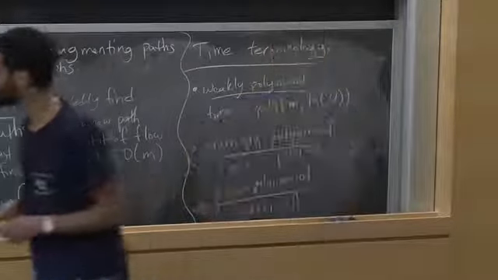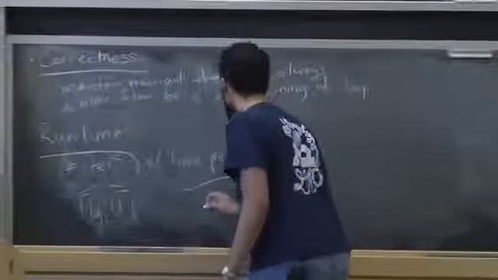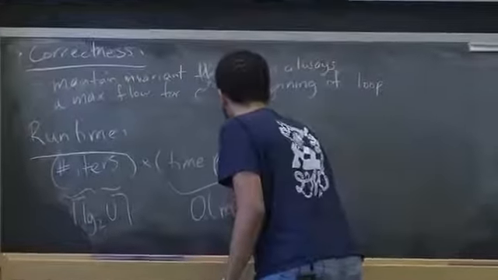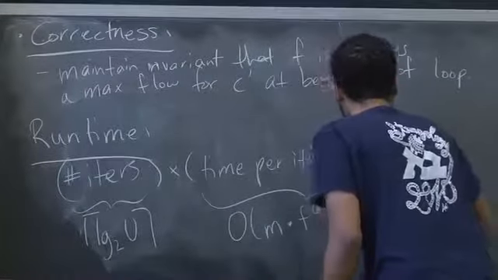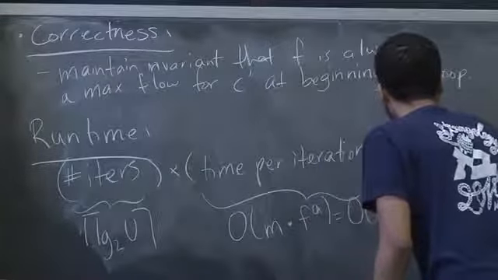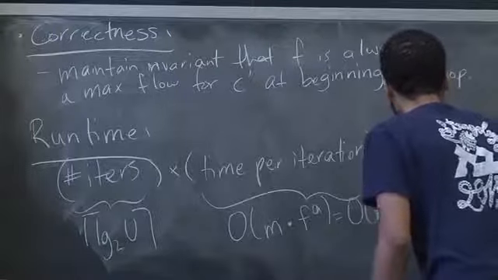Right? So this is O of m times f star, which is O of m times the min ST cut.